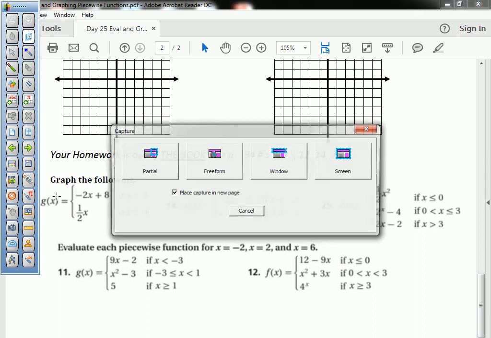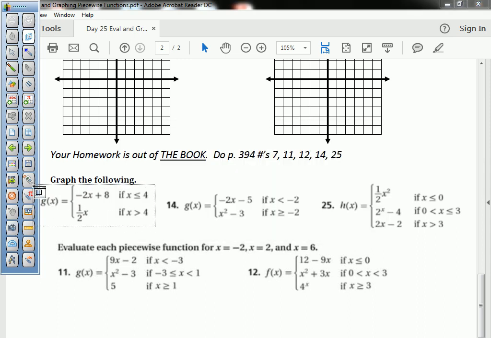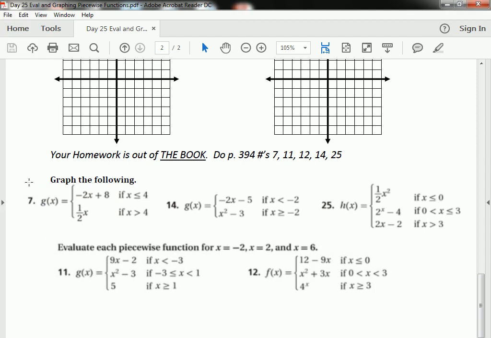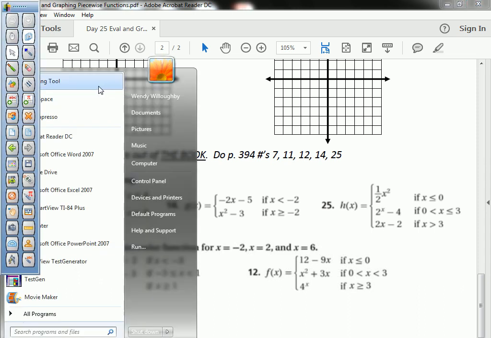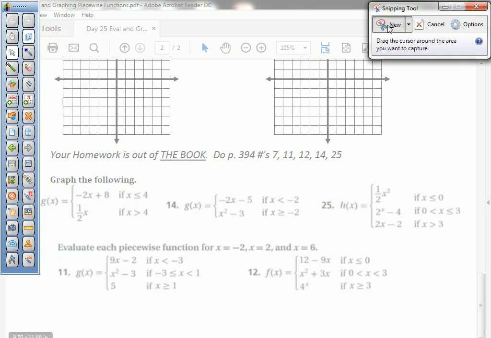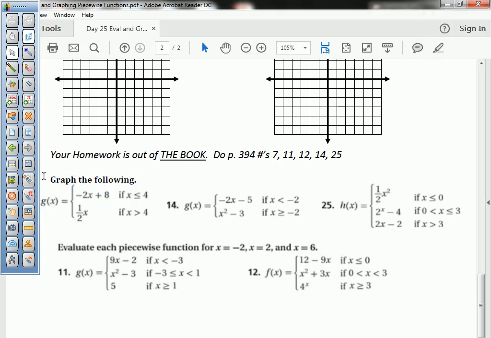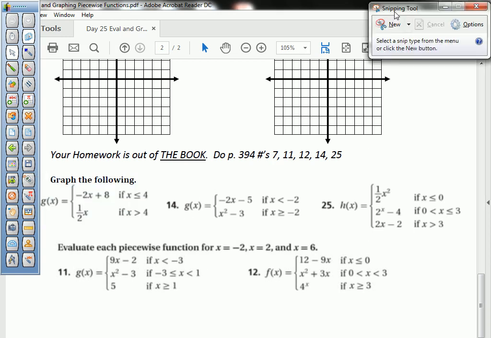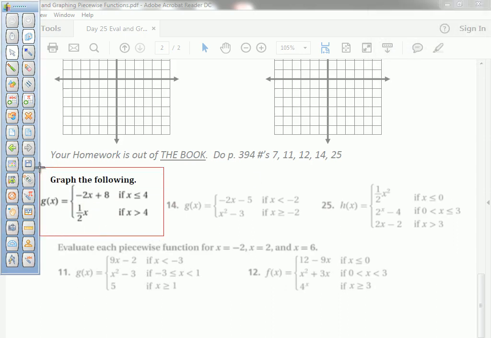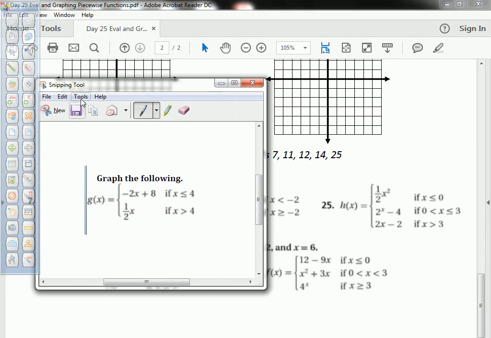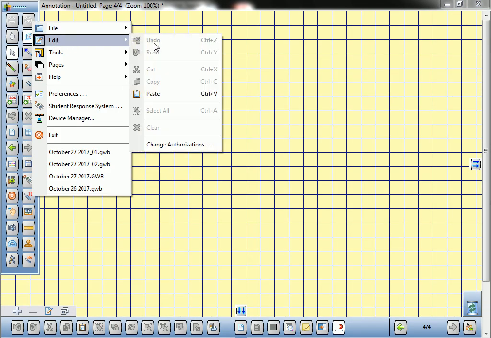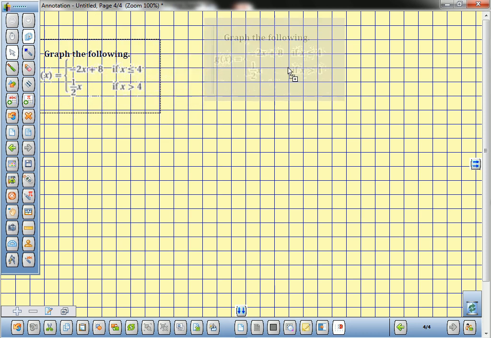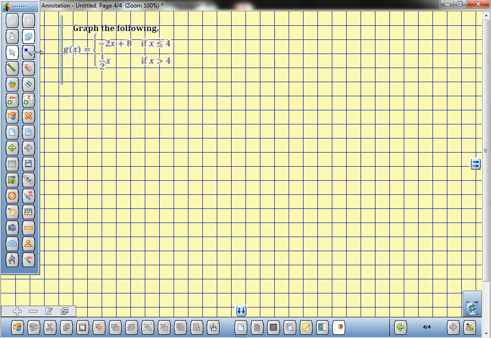I'm going to snip this real quick. Alright, so there's our function.